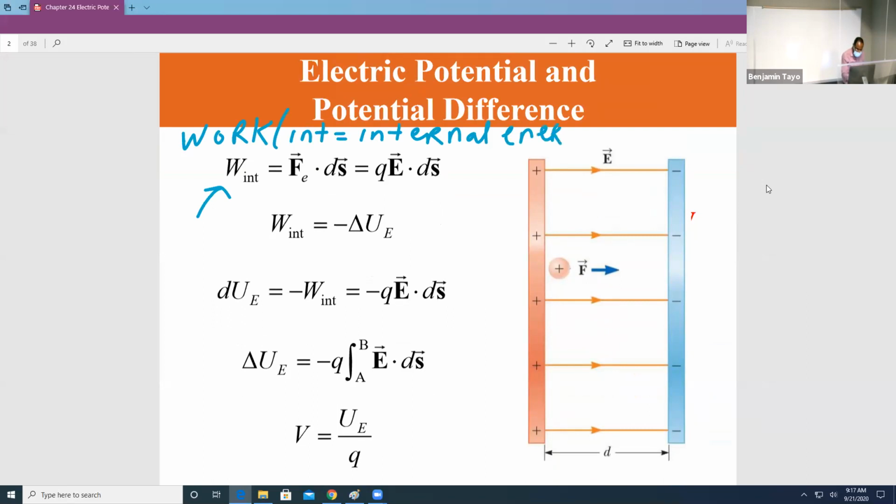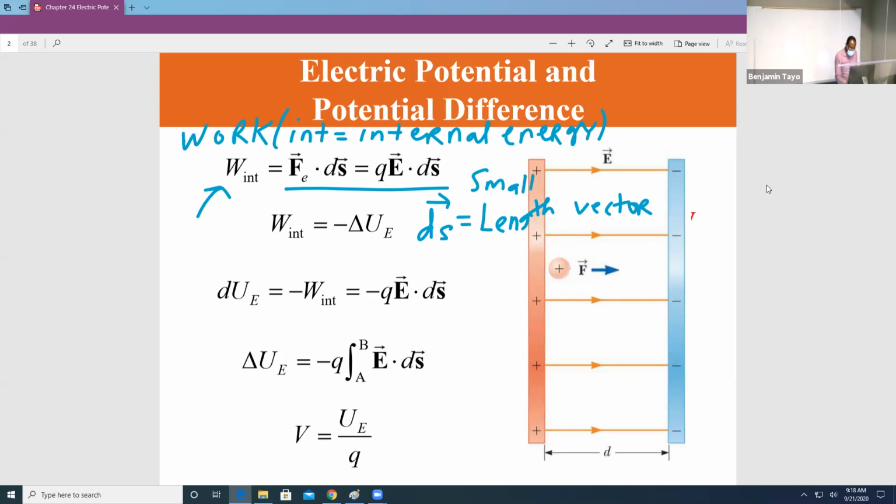But we can calculate, so in this example here, this ds is the length. In calculus, it's just like the small length vector.